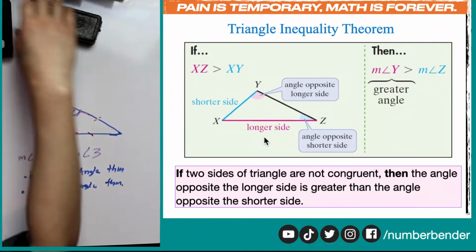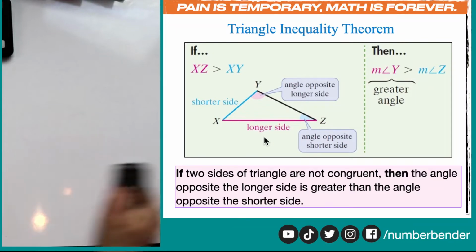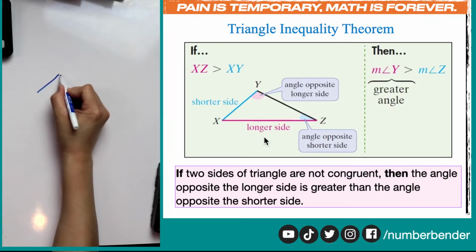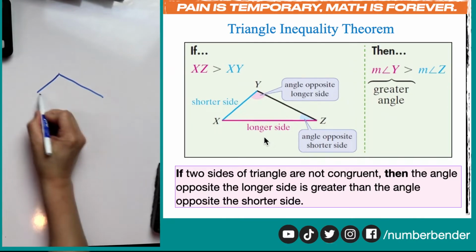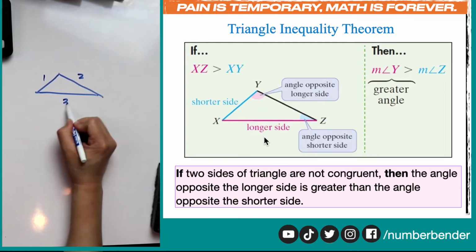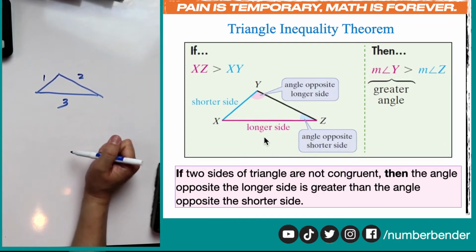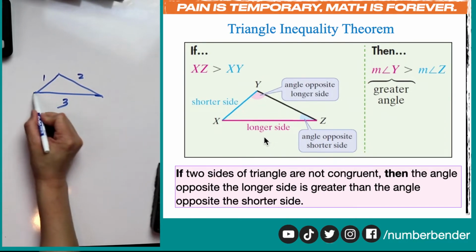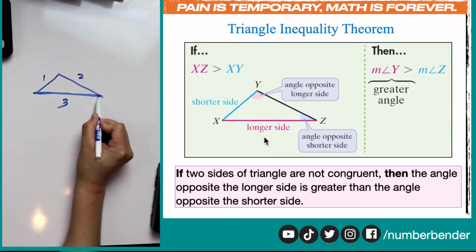And to make it a little bit more visual, if we have a triangle similar to this one, we know that there are 1, 2, 3 sides. The longest side of this triangle is this side right here. So the longest side is side 3.